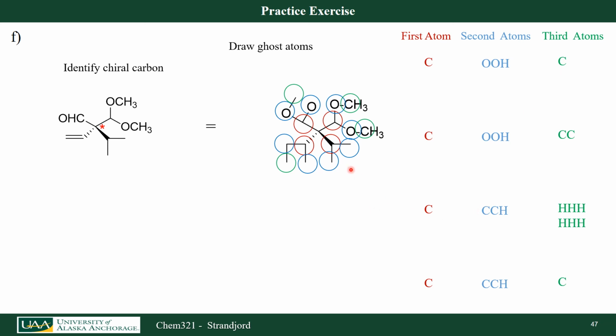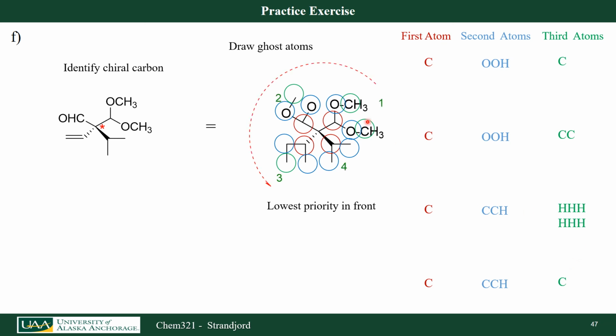If I look at this next atom down here, I have HHH and I have an HHH, literally just hydrogen sticking off those carbons right there. If I look at this carbon, I have a carbon sticking off of it. Because this is a ghost here, I don't have anything sticking off this one, so I just have 1 carbon here. So I can start to prioritize things.